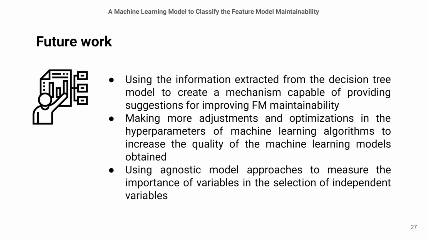Make more adjustments and optimizations in the hyperparameters of machine learning algorithms to increase the quality of the machine learning models obtained. And use an agnostic model approach to measure the importance of variables in the selection of independent variables.